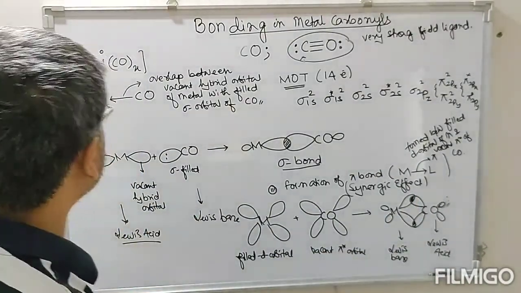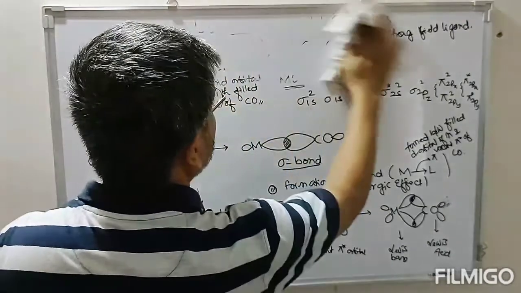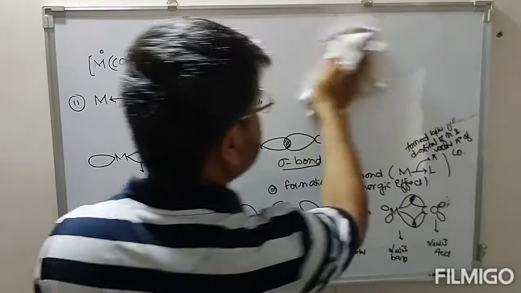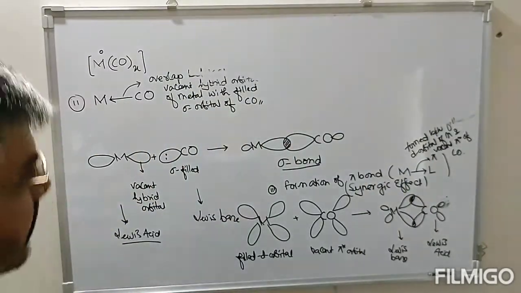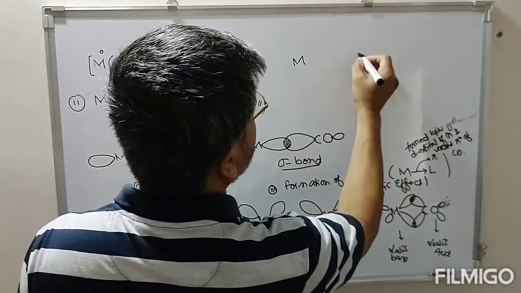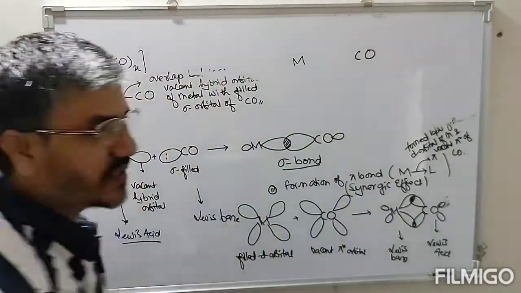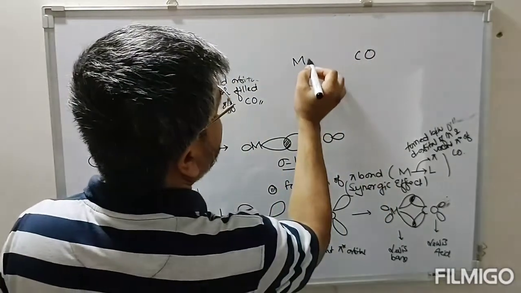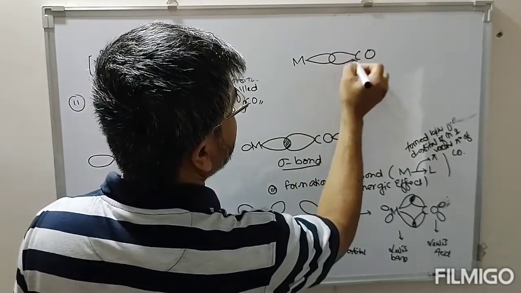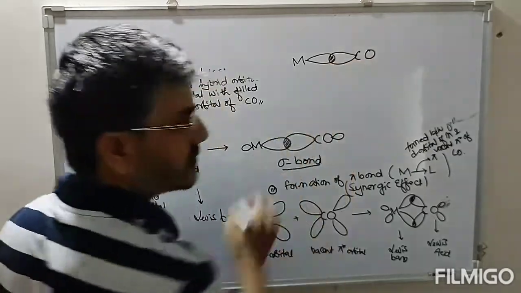So combining these two, we can show the bonding in carbon monoxide. We have this metal, we have this carbon monoxide. Now the overlap is forced, giving you a sigma bond.